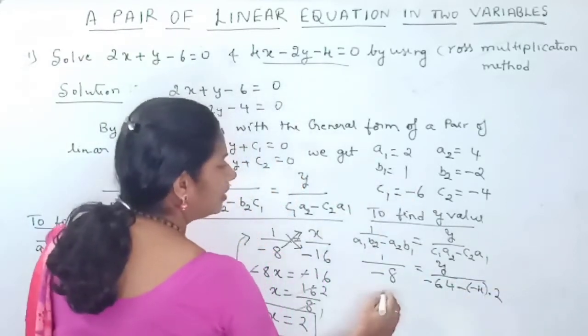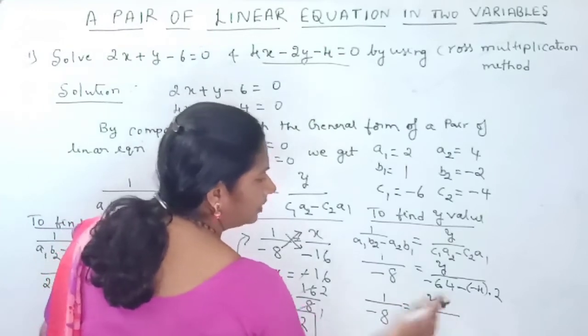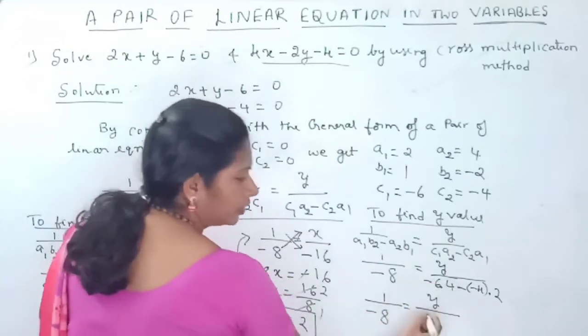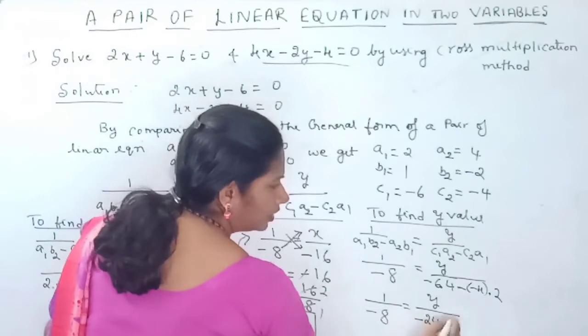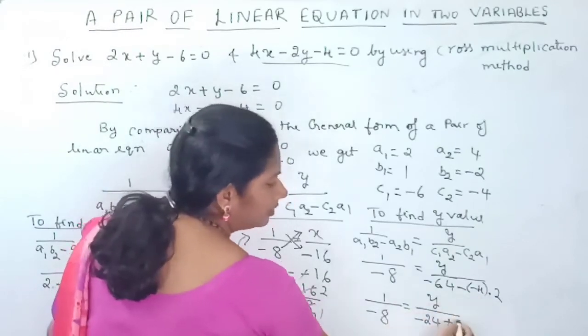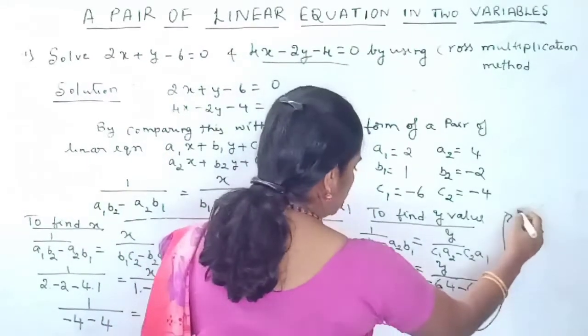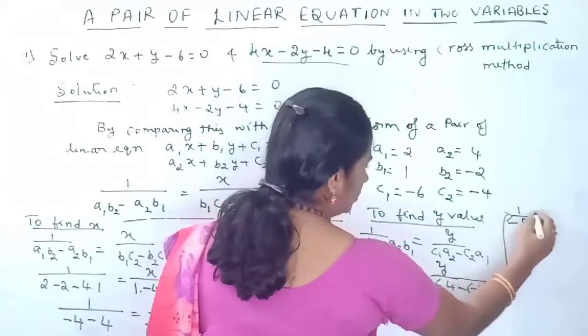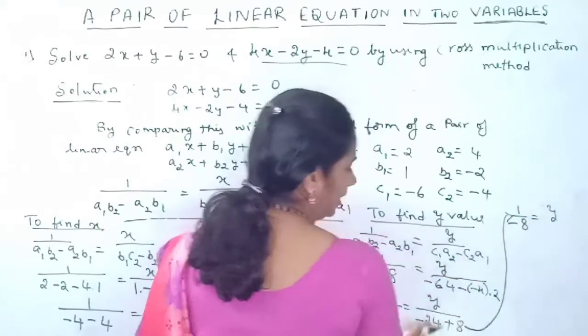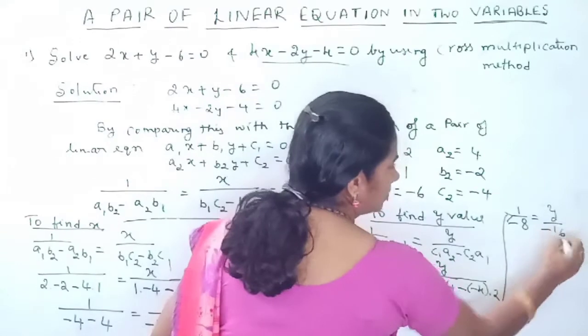Let us simplify. 1 by minus 8 equal to y divided by minus 6 into 4 minus 24, minus of minus plus 4 twos are 8. Next step, let me write here, children. So 1 by minus 8 equal to y divided by minus 24 plus 8, it is minus 16.